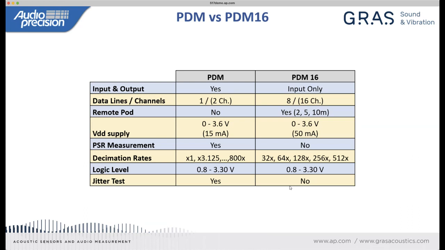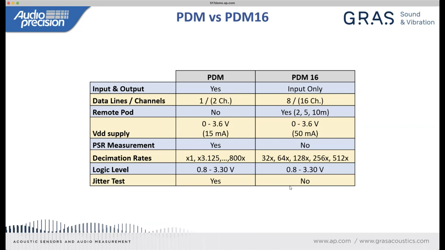The most fundamental difference is the PDM16 module is an input-only module. It's really very specifically designed around the challenge of measuring, say, microphone arrays of the type you might use in a smart speaker, but specifically it can analyze 16 channels simultaneously, whereas our PDM module only accepts 2.